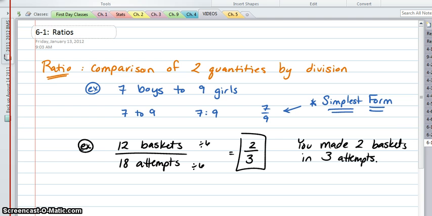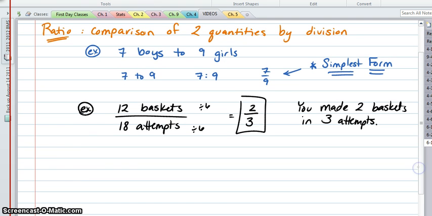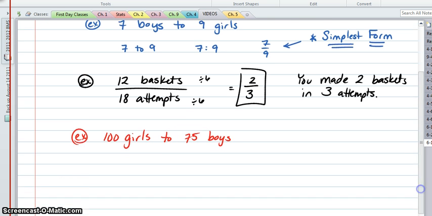Let's say we have another example where we have a dance, a mixer, and we're inviting a lot of different schools. And let's say we have about, I don't know, 100 girls to 75 boys. And I'd like to express that as a ratio in simplest form.